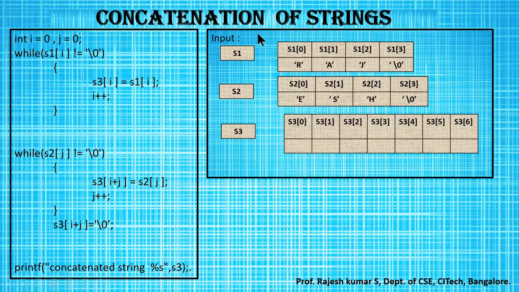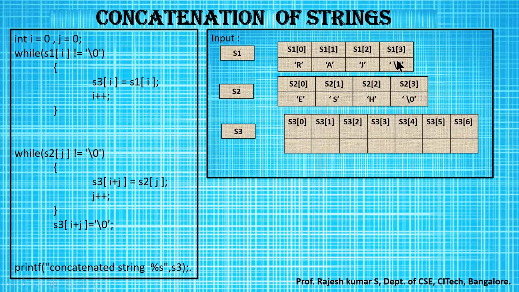So what is the logic behind the program? First, I'll be traversing the S1 array, which is already taught. I will check whether the first value is present as a character or a null value. If it is a character, that character will be copied. The character R will be copied into S3. Again, A will be copied here.